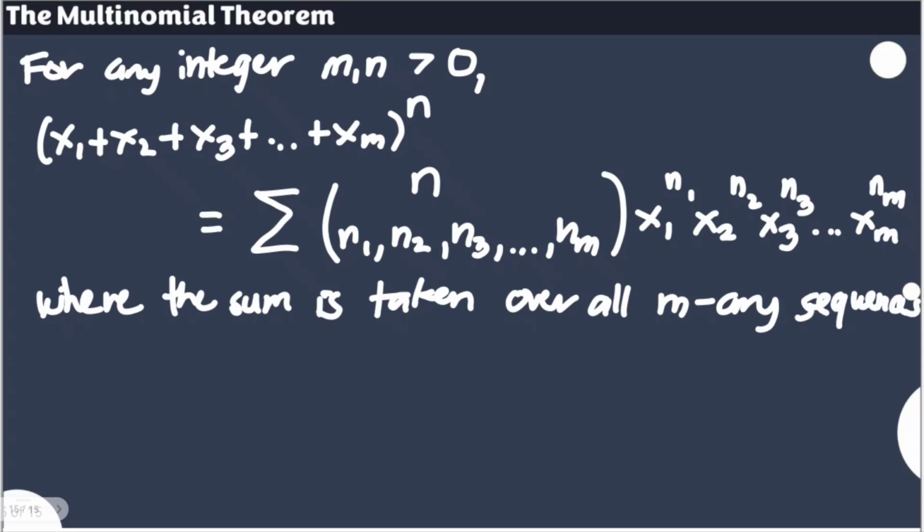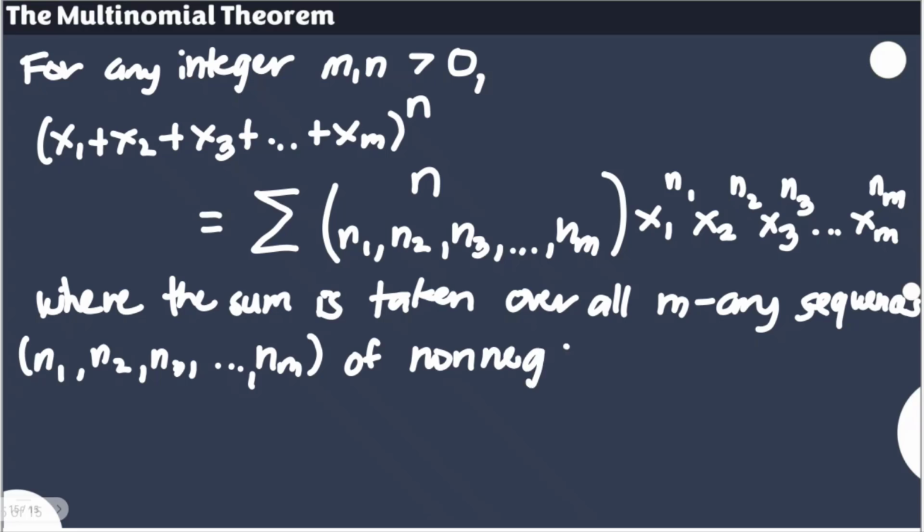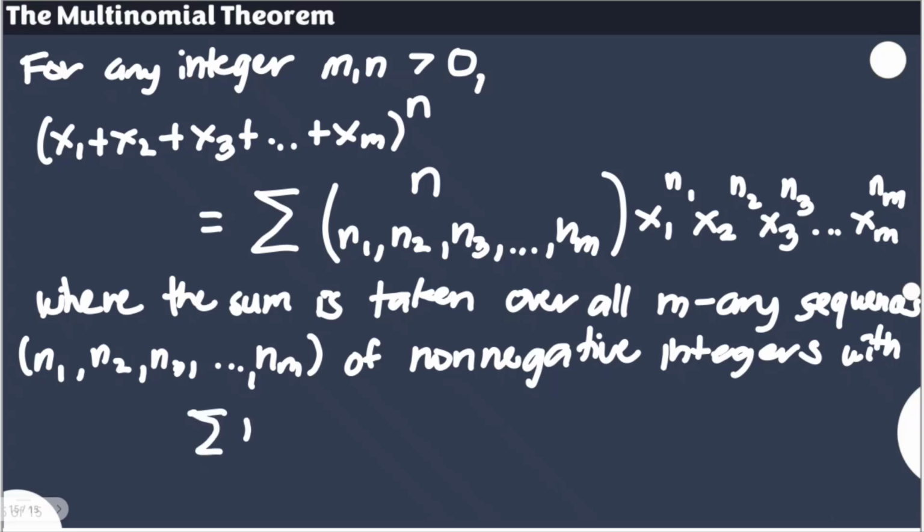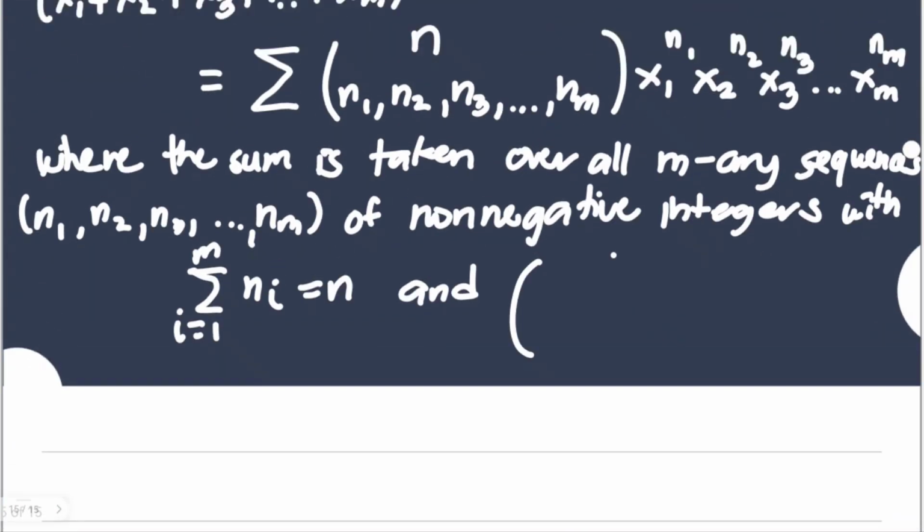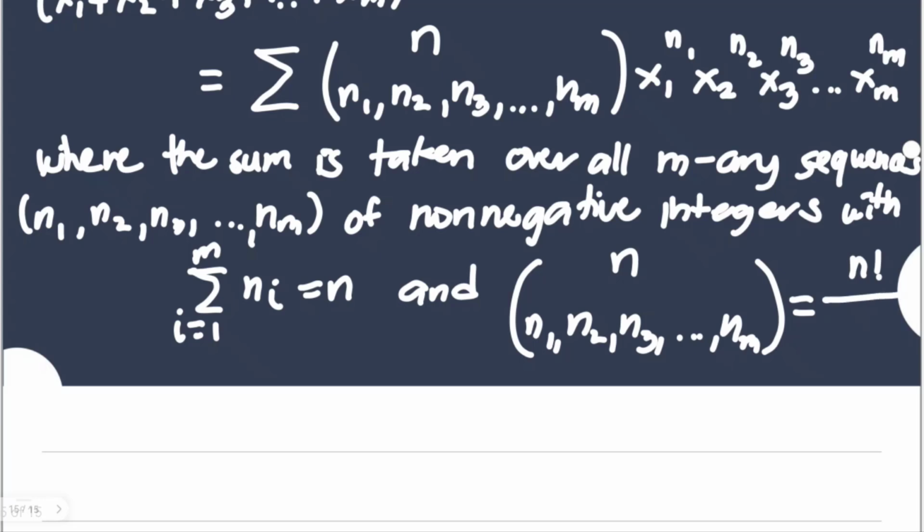Again, n sub 1, n sub 2, n sub 3, dot dot dot, n sub m, of the non-negative integers with the summation of n sub i, where i starts from 1 to m, is equal to n, and the expression n combination n sub 1, n sub 2, n sub 3 until n sub m is equal to the combination multiset, n factorial over n sub 1 factorial, n sub 2 factorial, n sub 3 factorial until n sub m factorial.